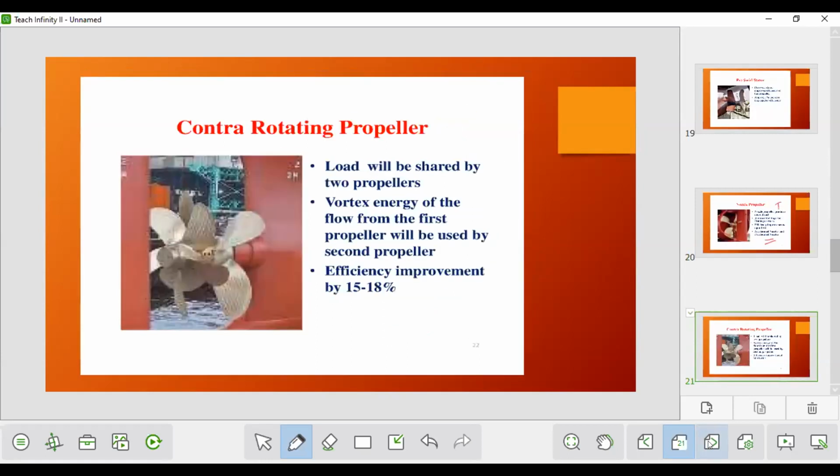Now, contra-rotating propellers. As the name indicates, the two propellers work in opposite directions. The forward propeller rotates in one direction, and the after propeller works in the other direction. The advantage is in how it works.